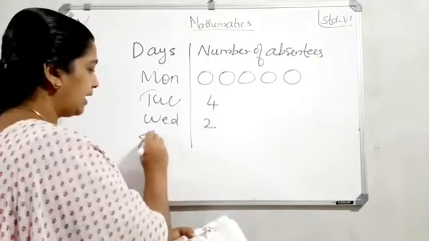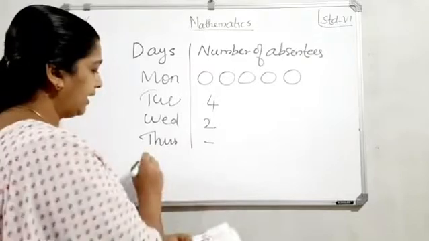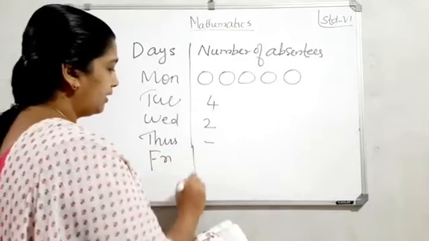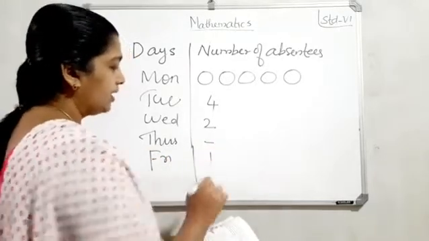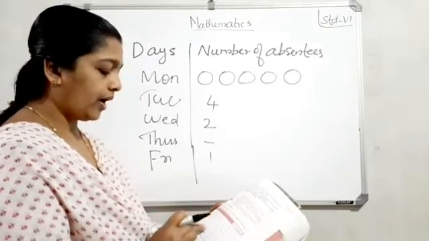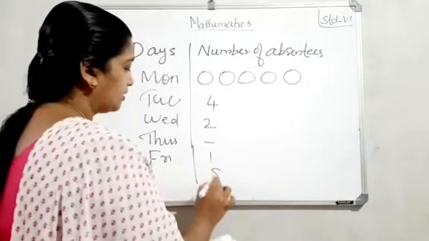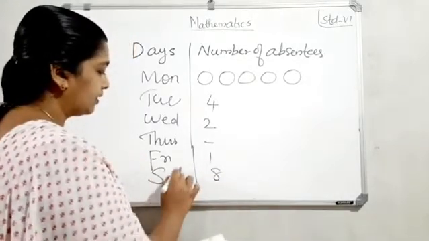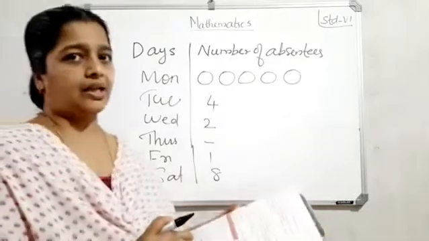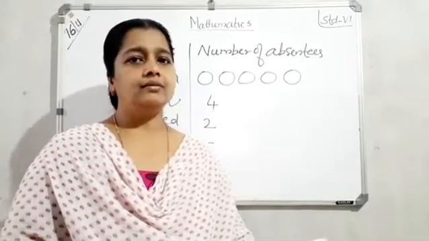Next, Thursday, nothing is there. Next, Friday, 1 head. And last, Saturday, 1, 2, 3, 4, 5, 6, 7, 8. How many? 8. So this is the representation. Understand? Here one head represents one absent.